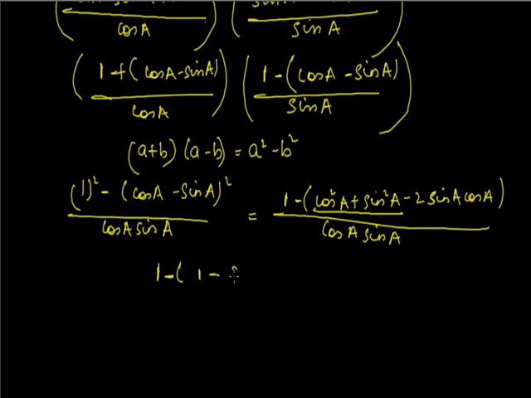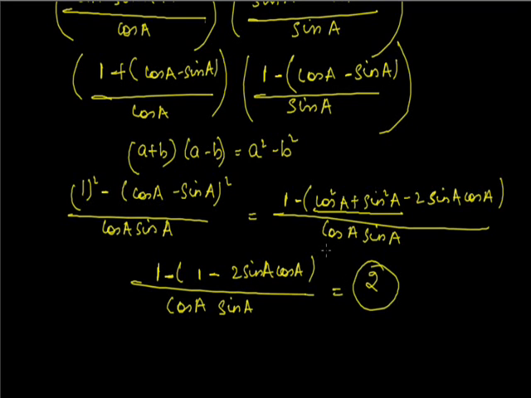So it will be 1 minus 2 sin A cos A upon cos A sin A. By simplifying, we'll get the answer as 2.